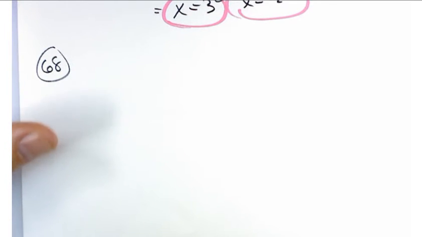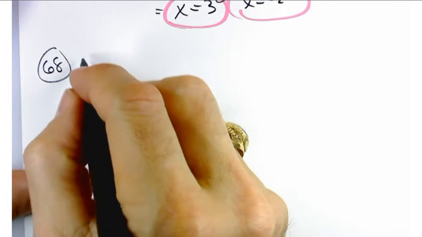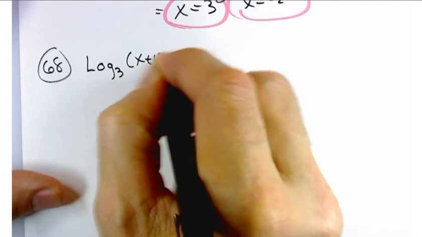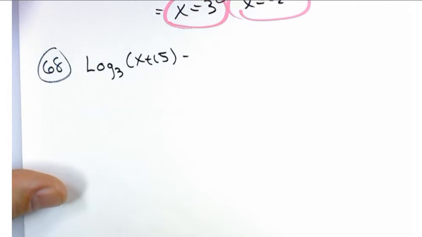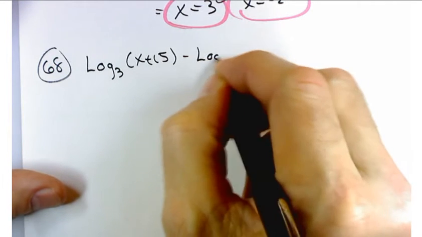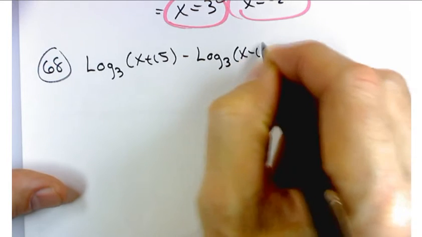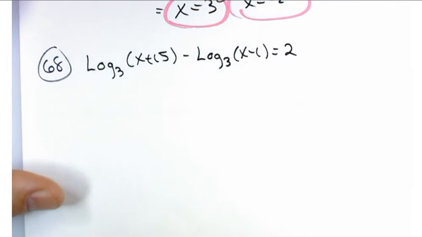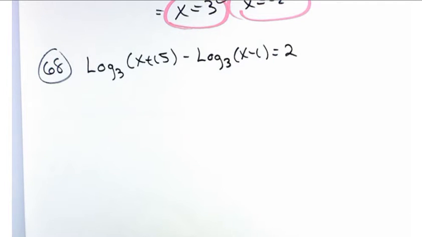So log base 3 of x plus 15 minus log base 3 of x minus 1 equals 2. How come I can't use the method we used the other day, canceling out the logs?